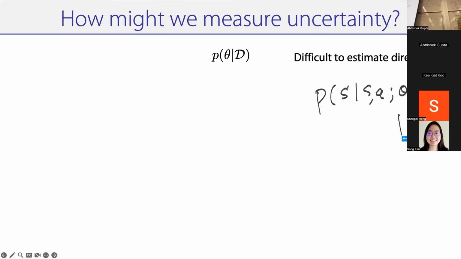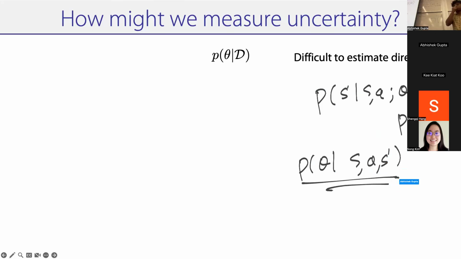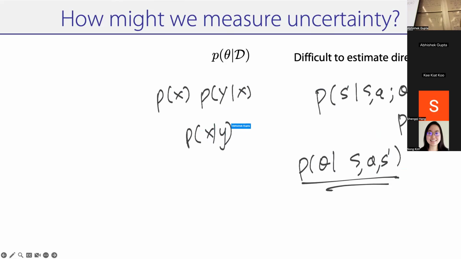Let's say I had a prior over models, P of theta, a prior over all possible models. What I'm looking for is the posterior, which is P of theta given S, A, S prime. It's just like in any Bayes rule: you have P of X, P of Y given X, and you're looking for P of X given Y. In this case, you have the likelihood, the prior, and you're trying to get the posterior.